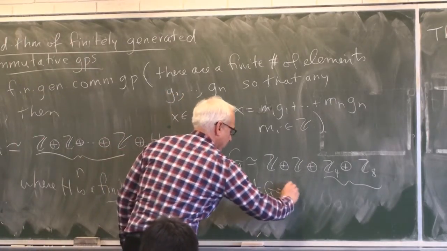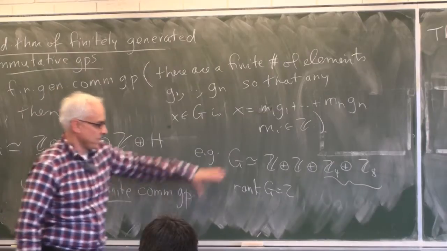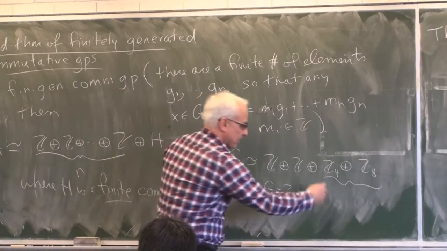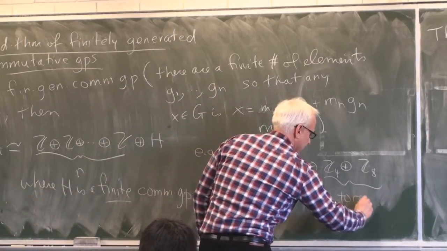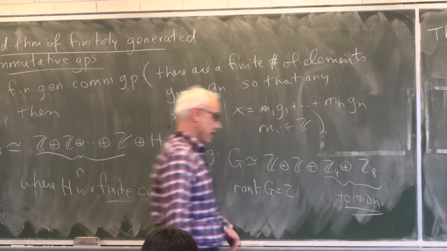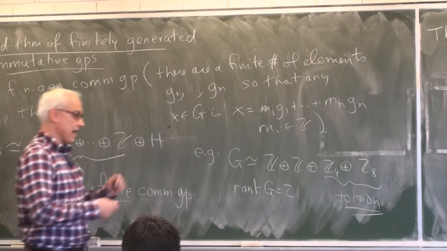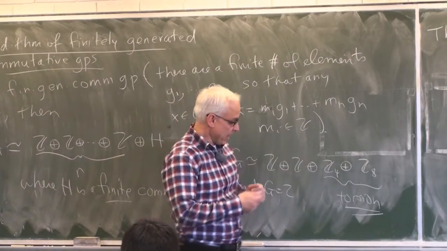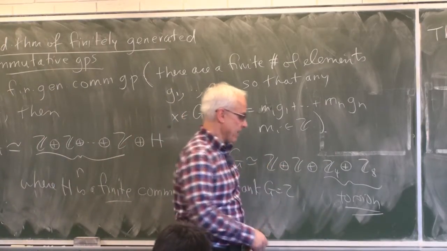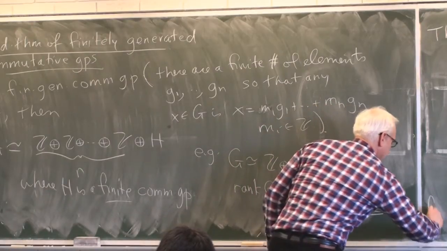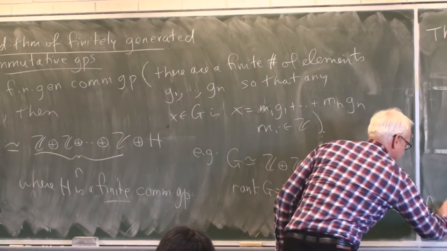Rank of G is equal to 2. This is the free part. This is sometimes called the torsion part. Torsion is a word that refers to having finite order. It means that the elements from this subgroup have the property that their order is finite.